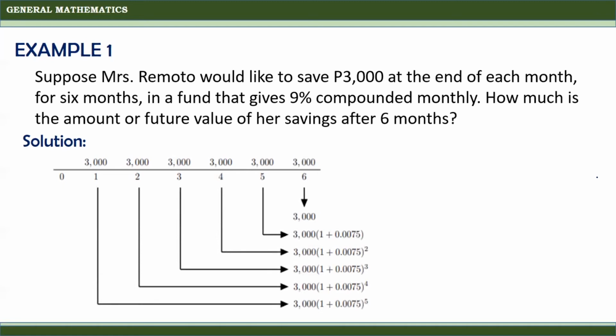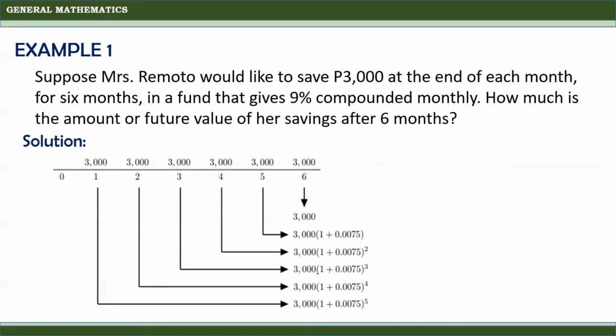By illustration, we can actually represent the payments of Mrs. Remoto like this. Remember that the annuity follows the concept of compound interest. Therefore, for the first payment, notice that the value of the payment will become 3,000 quantity 1 plus 0.0075 raised to 5. The second payment will amount to 3,000 quantity 1 plus 0.0075 raised to 4.